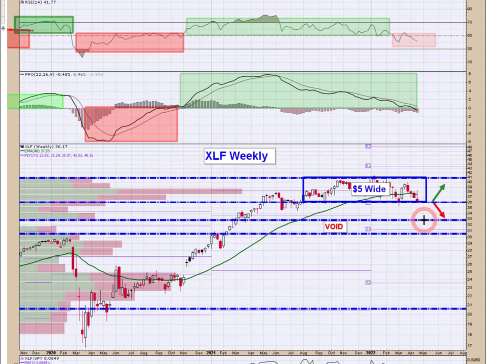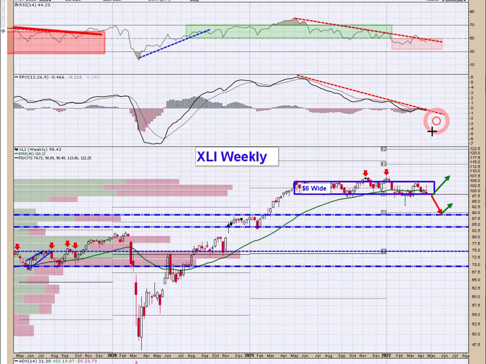There is a ledge here at 33 or so. You can see it here, but you break below that, that would give you the full move down towards 31. So on a break below 36, my first target would be 33, and then my second target would be down towards 31, 30 and a half.